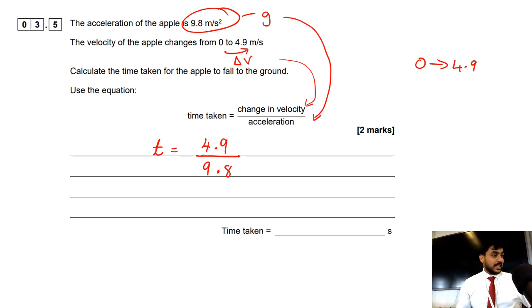I need my calculator for that. I feel a little bit embarrassed because I used my calculator for it. I should have known it's 0.5 seconds. There we go. Next.